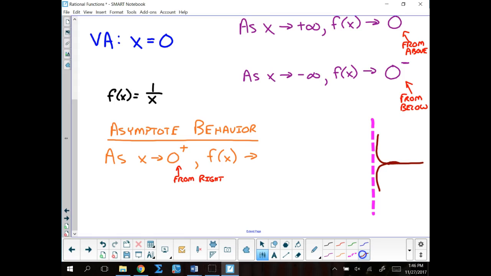So as x approaches from the right, that means I'm getting smaller and smaller and smaller, but I'm positive. So a number divided by a small number, that's positive, is going to go to which kind of infinity? Positive infinity.